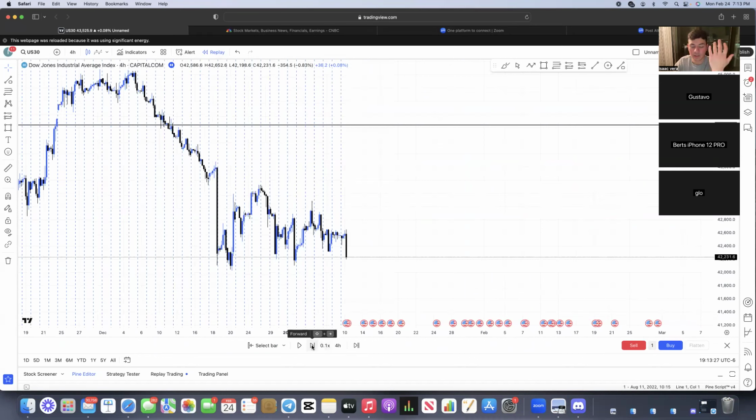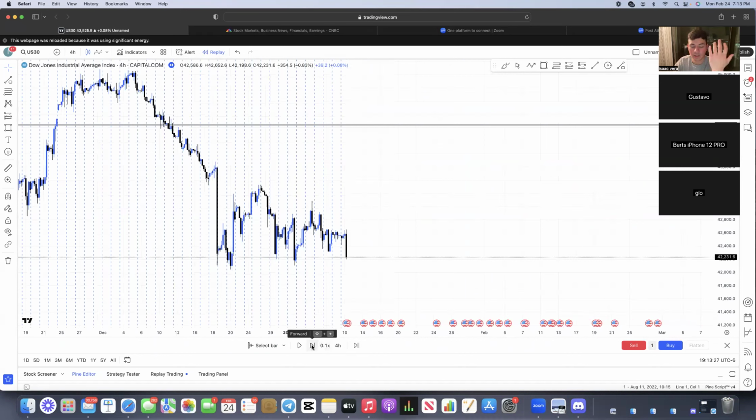Okay, so let's say that we are in this bearish trend line and we want to see if our strategy of break and retest works. So I would aim to take a buy or a sell depending on how the market moves. Remember, you can never predict the market, you can always react to it.